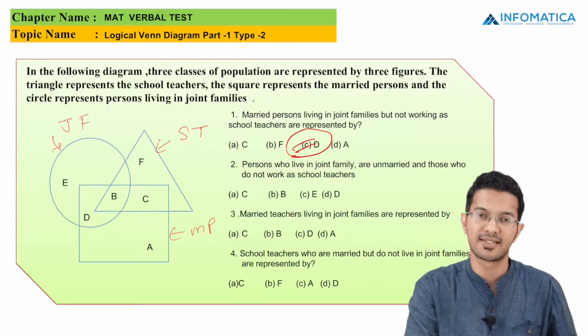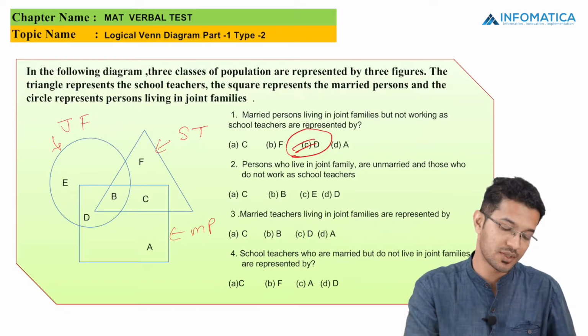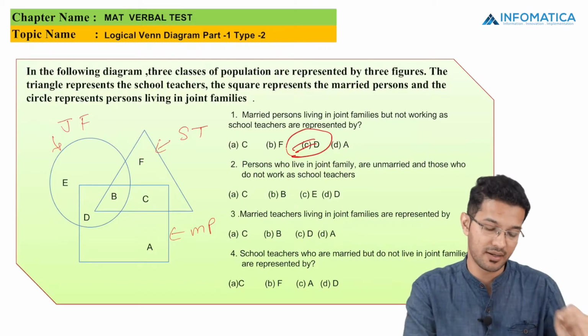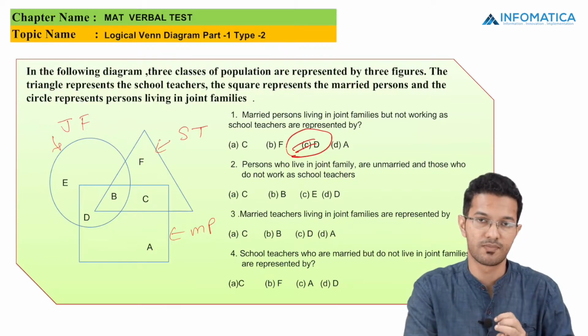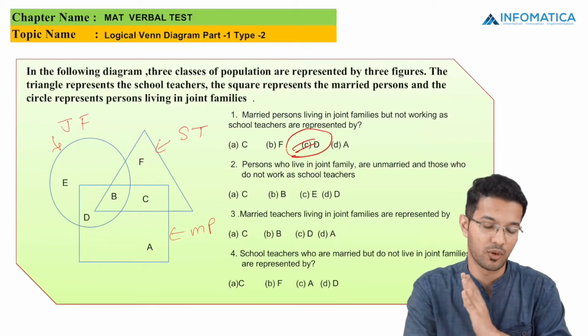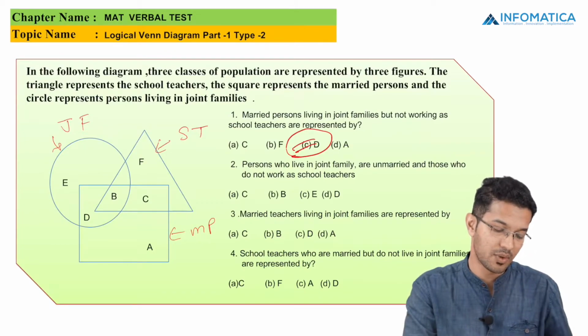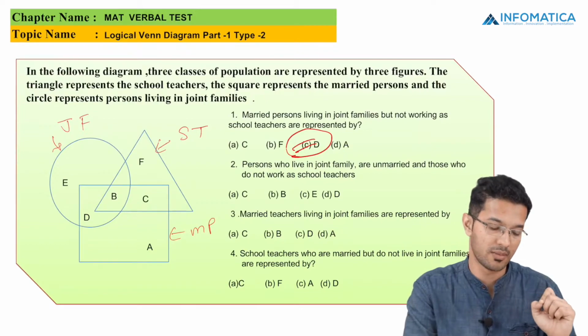Now let us look at the next MCQ. It says persons who live in joint families are unmarried and those who do not work as school teachers. So as usual, we break the problem. They are saying the persons who live in joint families.